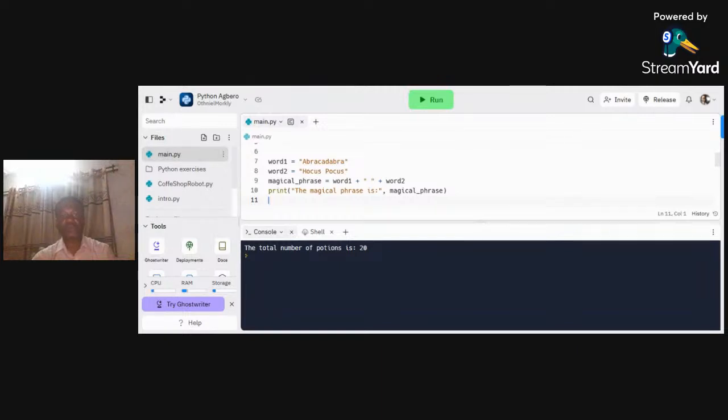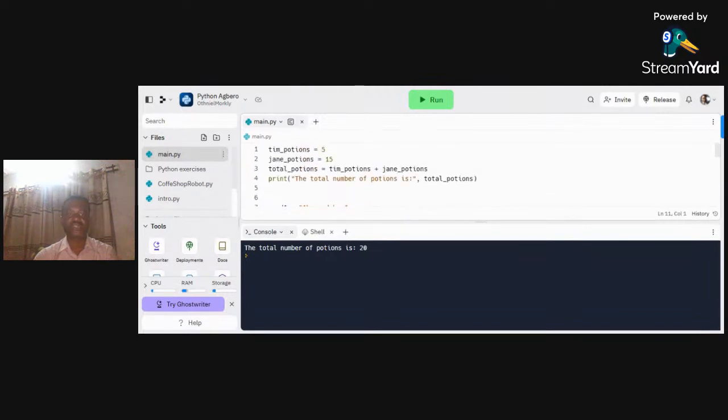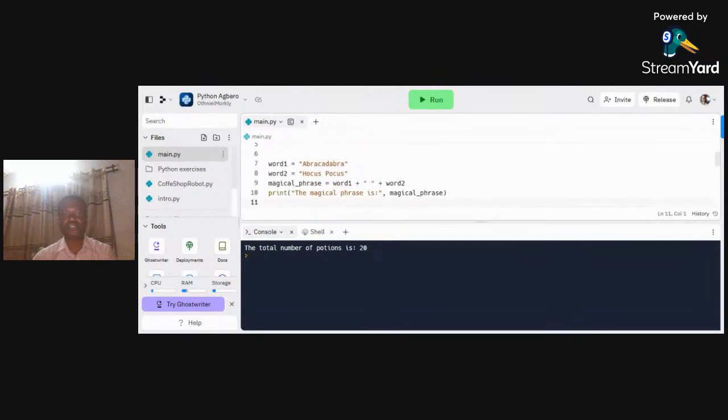So word1 plus a space plus word2, and then we ask it to print the magical phrase is, and then it should print what is inside this, which is this plus a space and this. So let's run it and see what happens. Remember, we have the other program there, so it will run this and it will also run this together. So let's see how that goes.